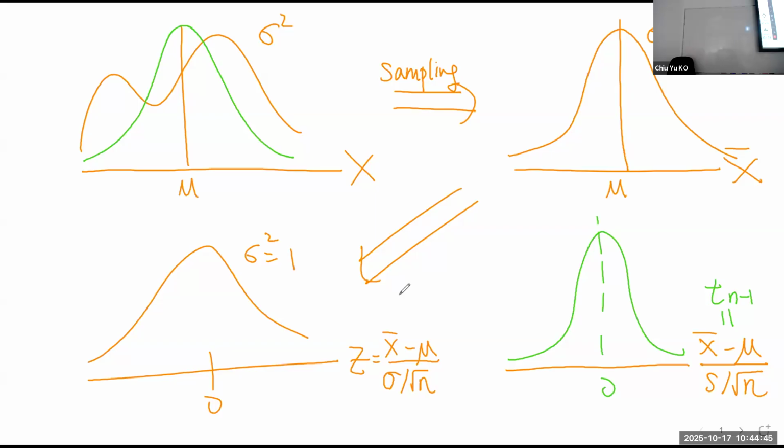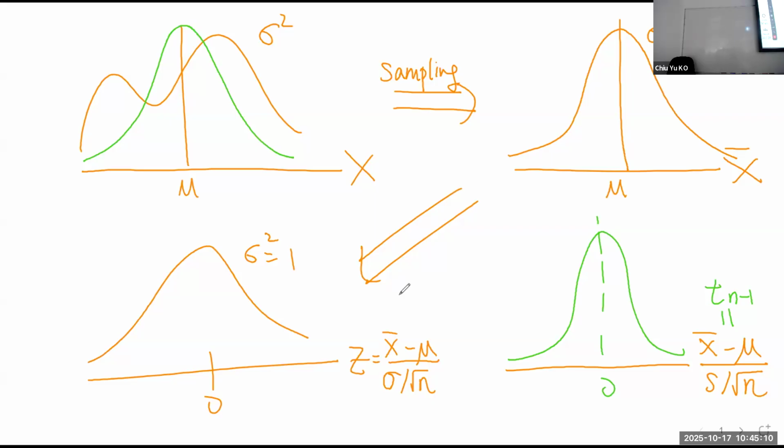And it turns out, unfortunately, that the shape of this is not known without knowing the original shape, right? It really depends on the original shape. So the central limit theorem doesn't apply if you replace sigma by S, okay? So what can we do? The way we do it is to make an assumption to make it work.